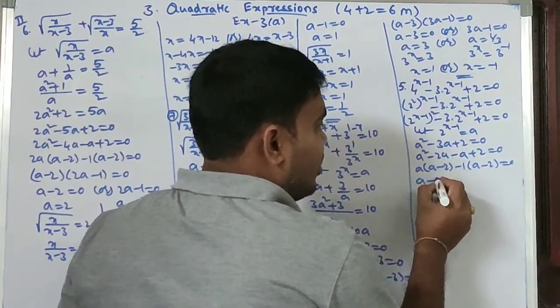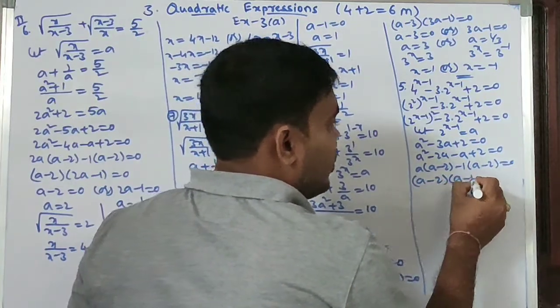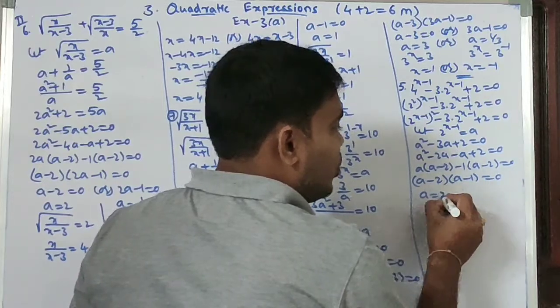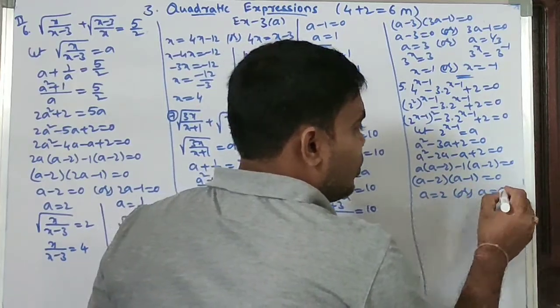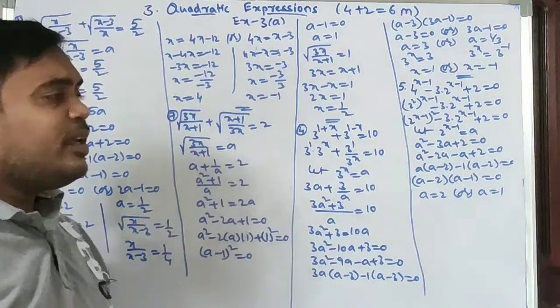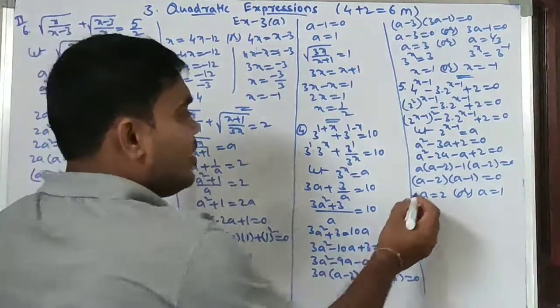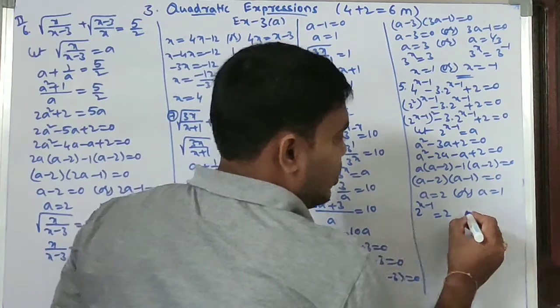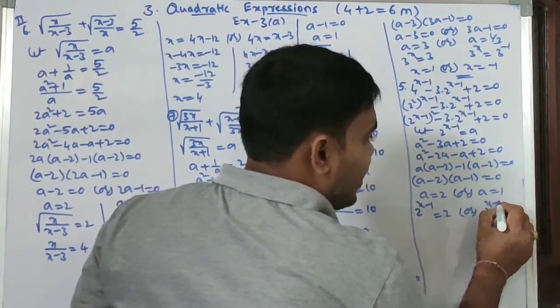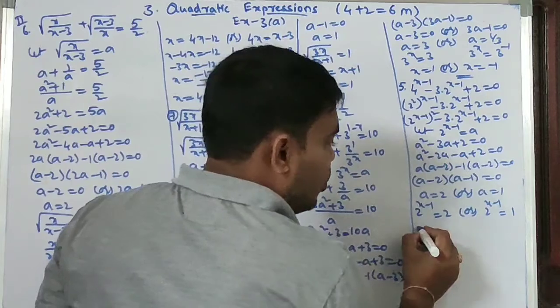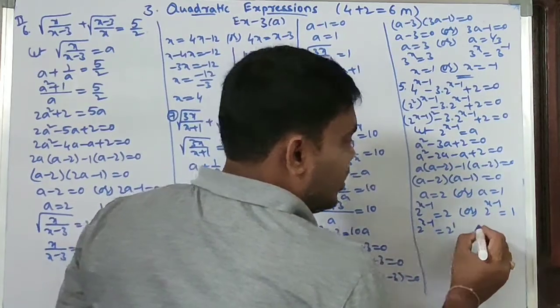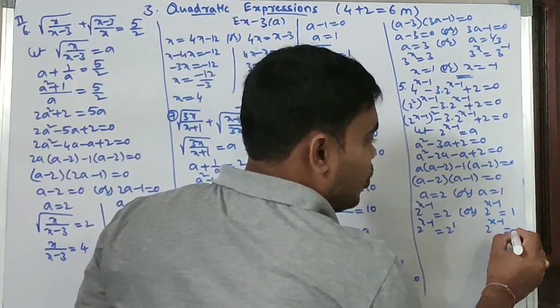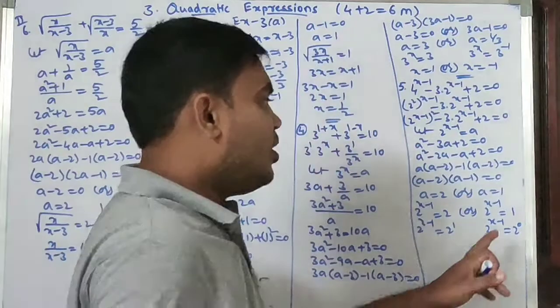So (a minus 1) into (a minus 2) equal to 0. Either a equal to 2 or a equal to 1.